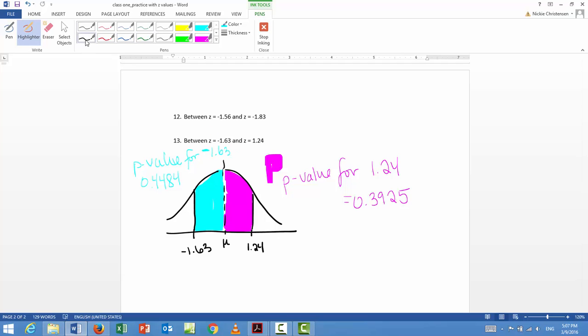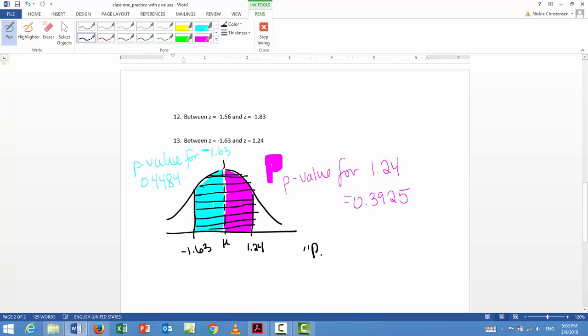If we want to find the area between these two z values, I'll shade it with widely spaced black lines. This is the area between, isn't it? I think it's pretty logical. Let's write the rule.